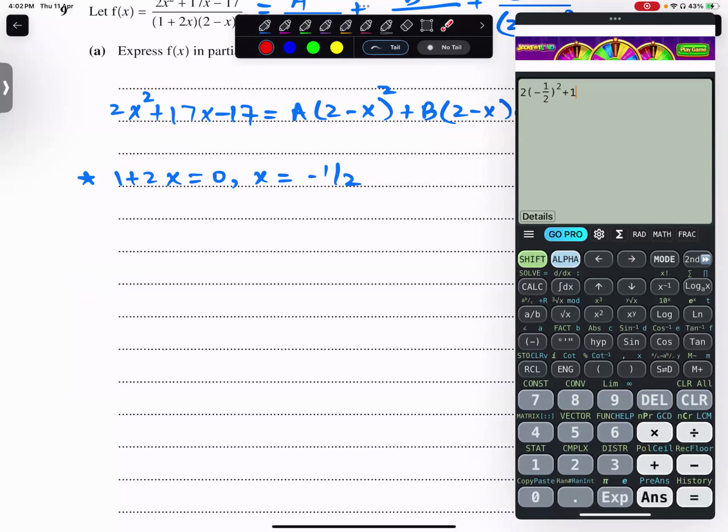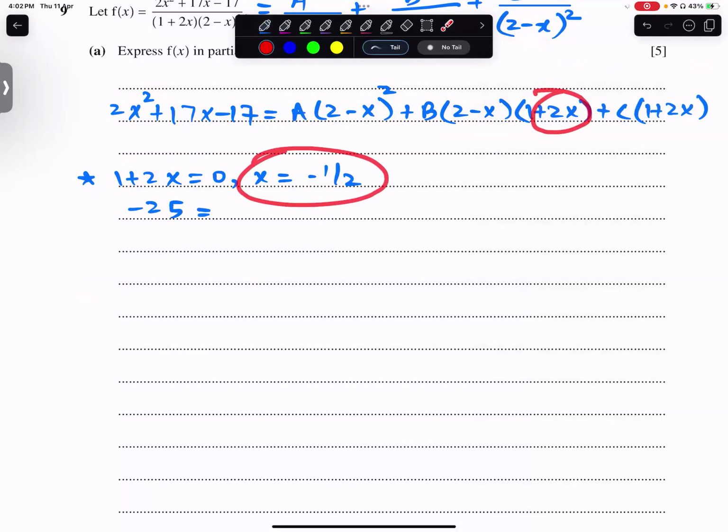So the left side is minus 25. Do not waste your time in writing. And then if you put minus 1 over 2 here, these two expressions will become 0. So you will have only this thing.